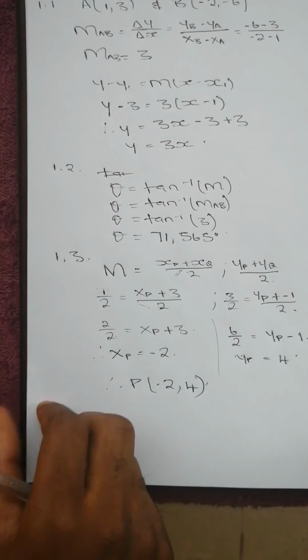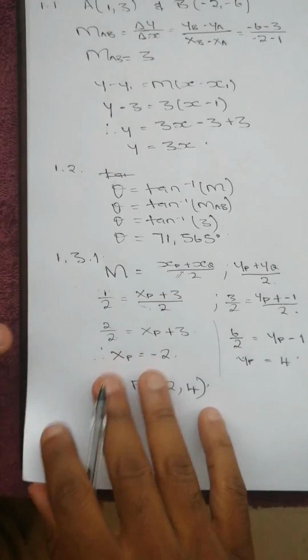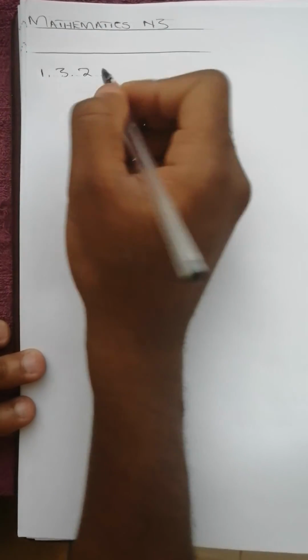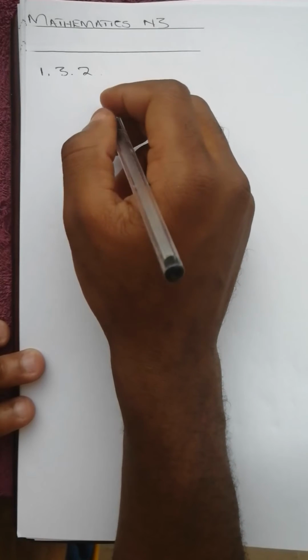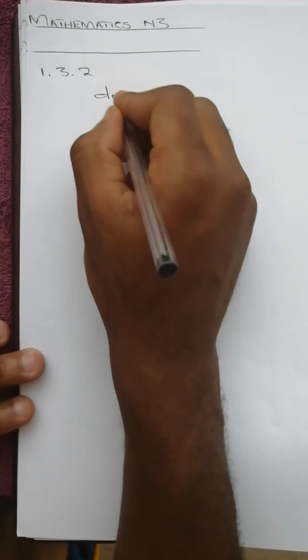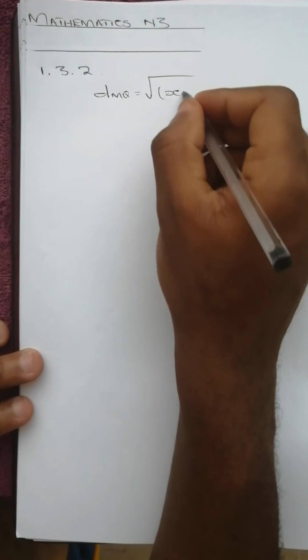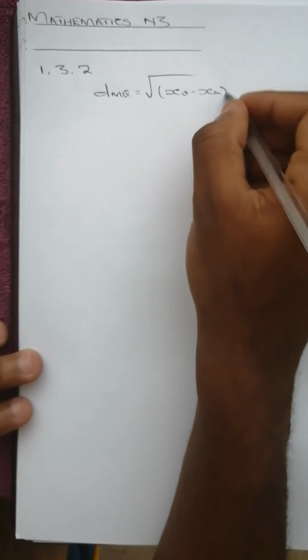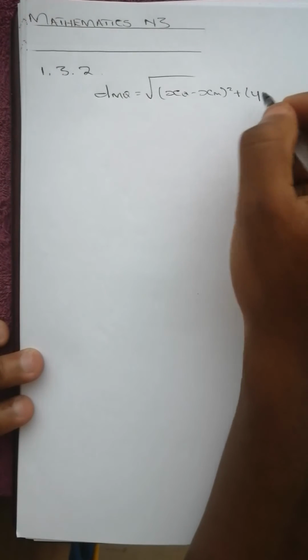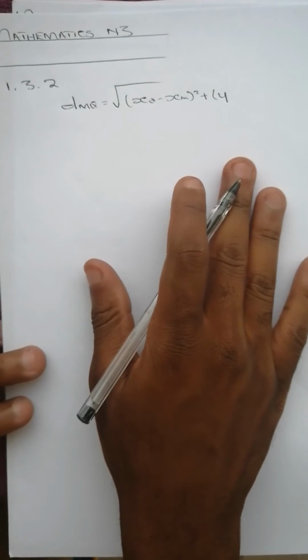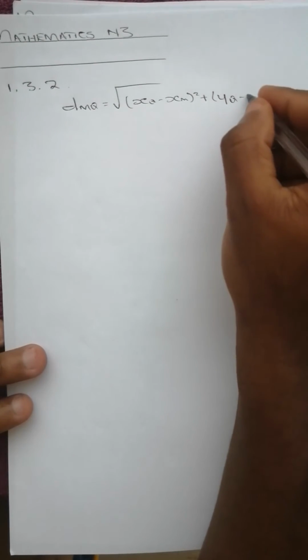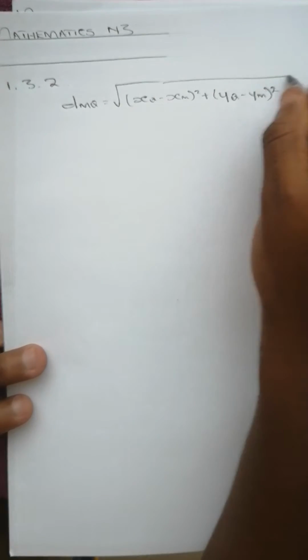That's it for 1.3.1. Then 1.3.2 says determine the length of MQ. So d_MQ equals, the distance formula says, the square root of (x_Q minus x_M) squared plus (y_Q minus y_M) all squared.